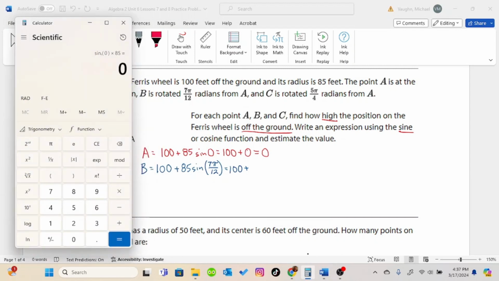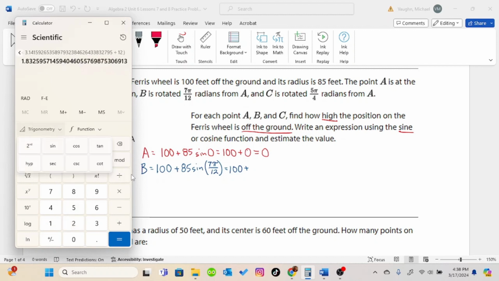So in the calculator, we're going to do 7 times pi divided by 12, and we want the sine. And now we're going to multiply that by 85, and we get approximately 82.1.